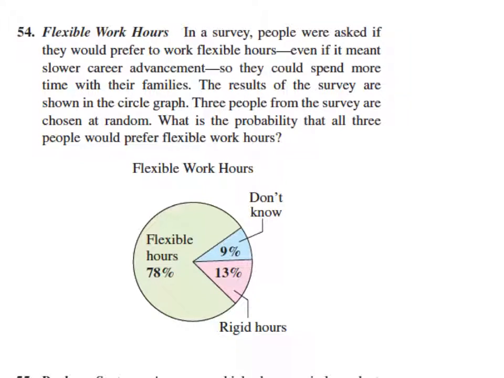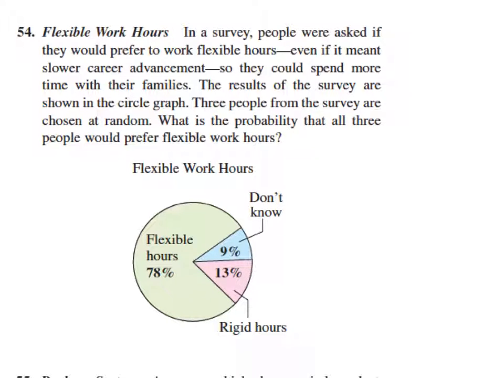The results of the survey are shown in the circle graph. 3 people from the survey are chosen at random. What is the probability that all 3 people would prefer flexible work hours? You don't need binomial. 0.78 to the third.